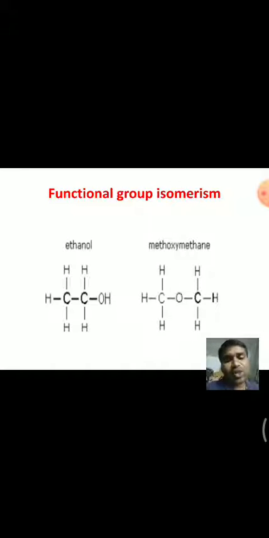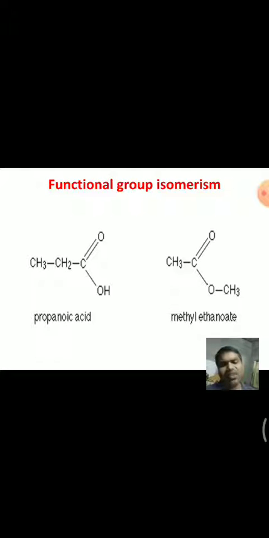Hence these are functional group isomers, and the concept is functional group isomerism. One more example: the first one is propanoic acid, with the carboxylic acid group, and the second is methyl ethanoate, whose functional group is ester.